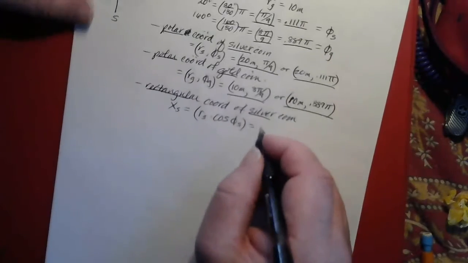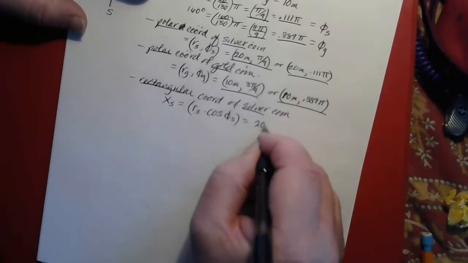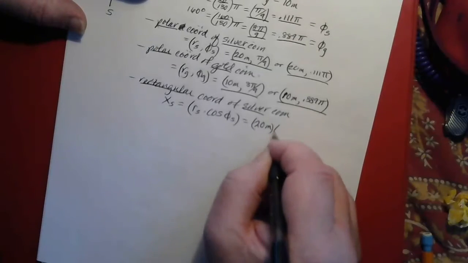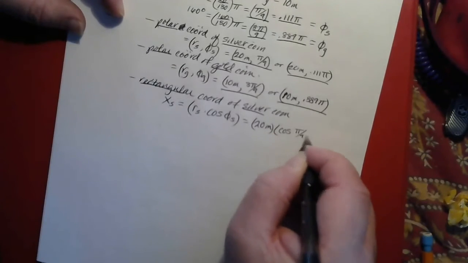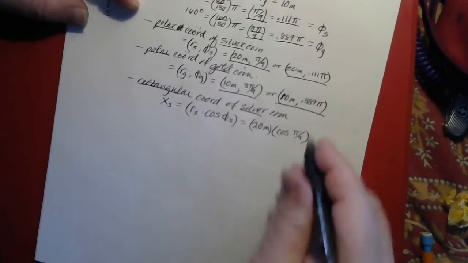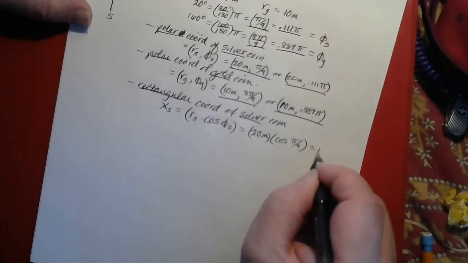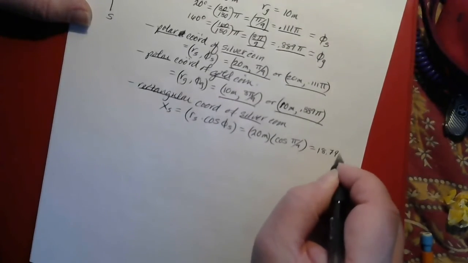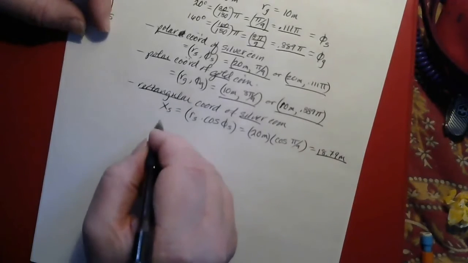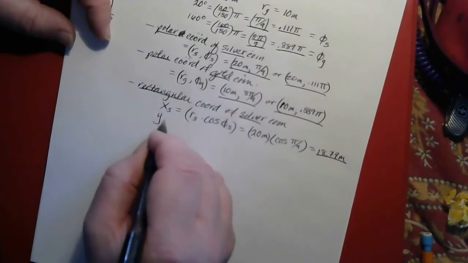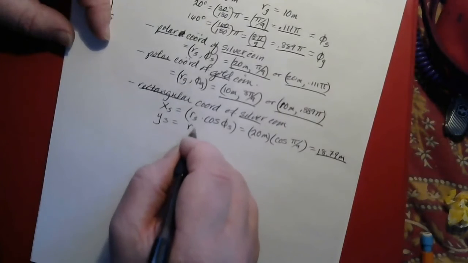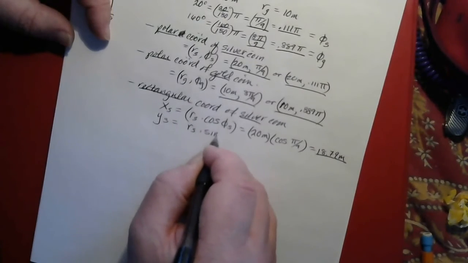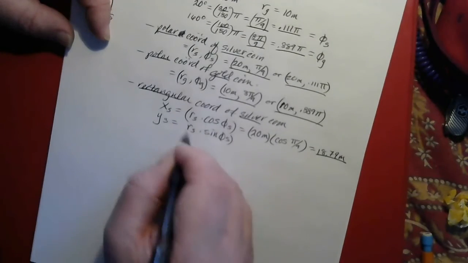And that's going to be 20 meters times the cosine of pi over 9, or 0.111 pi if you prefer, which is 18.79 meters. And for the y coordinate, it's r silver times sine of phi silver.